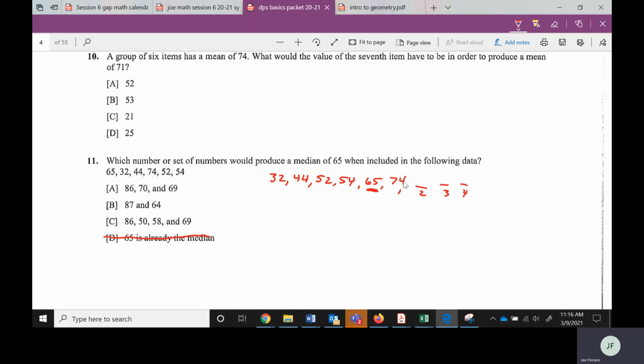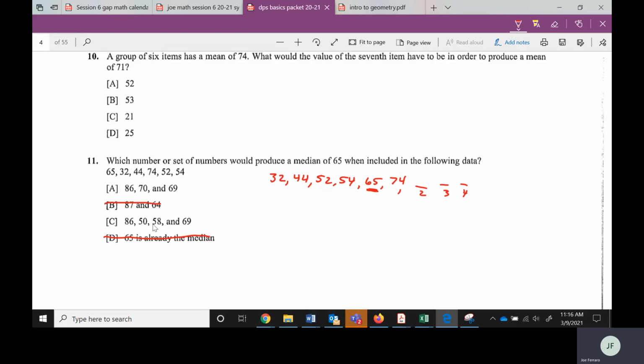Now they don't have to technically be above 74. We just need to keep 65 in the middle. So we need to have these be 65 or above. Even if they're all 65, we'd have 65, and 65, 65, 65, 74. So we just need 3 numbers that are 65 or bigger. This one, one of them's less than 65 and one of them's more.